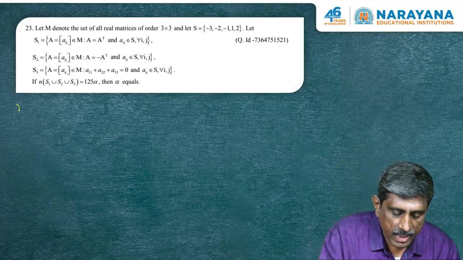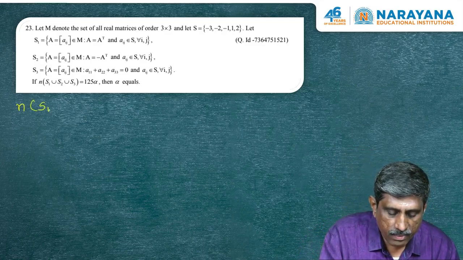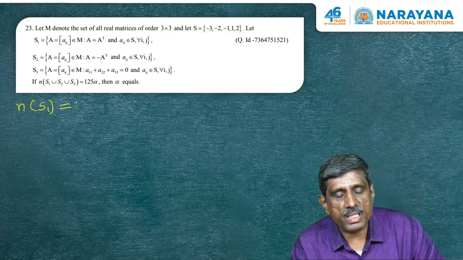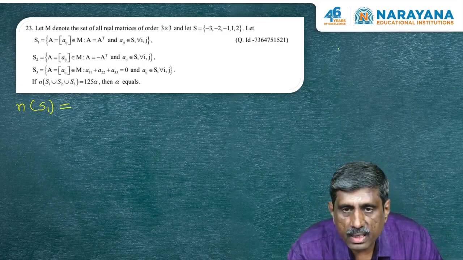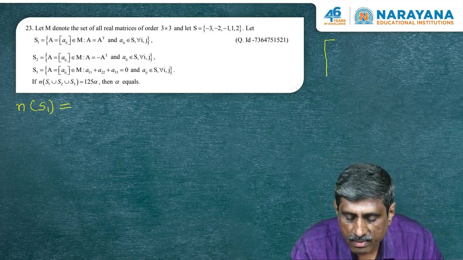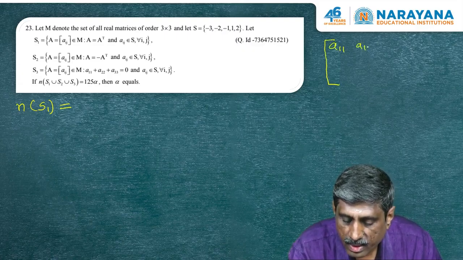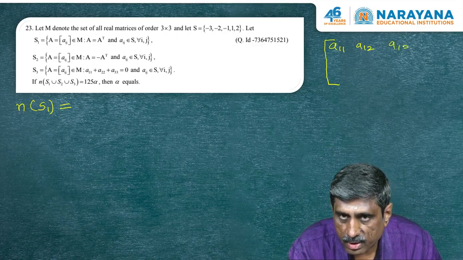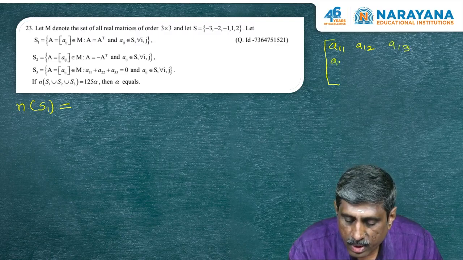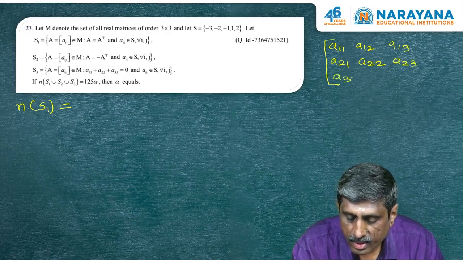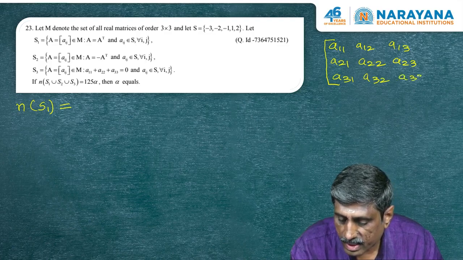Let us calculate what is n of S1. If you want A is equal to A transpose, definitely you have to understand that you have a matrix like this. Let us say the matrix is A11, A12, A13, A21, A22, A23, A31, A32, A33, let us say.